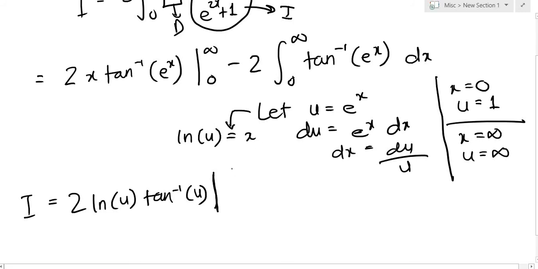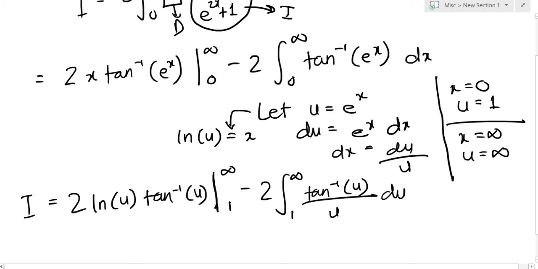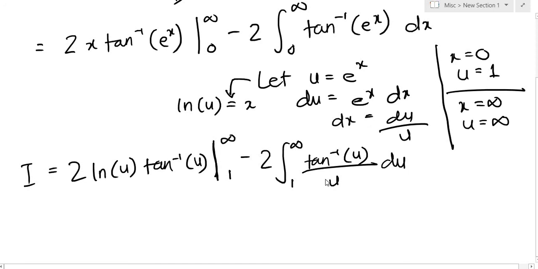So those will be from 1 to infinity, and minus the integral from 1 to infinity, my bad, the integral from 1 to infinity of the inverse tangent of u over u du. Since there was no differential element in the first term, we don't need to make the substitution of du over u in place of dx, because there was no dx in this part.